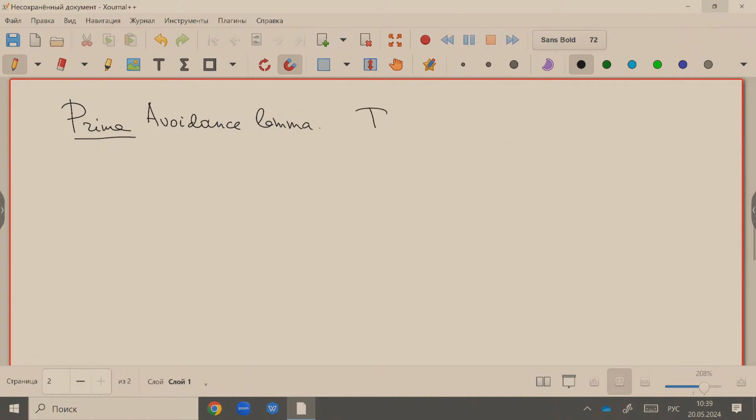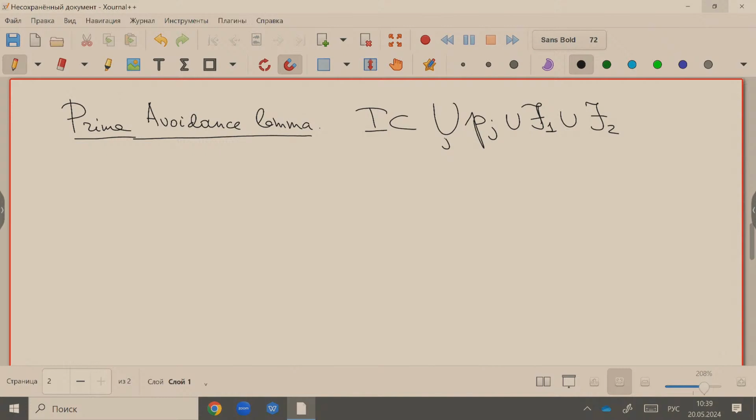Suppose you have I that is contained in the union of Pj, which I shall write down in not the strongest form. Actually there is also the prime avoidance lemma for modules, but it looks slightly different.